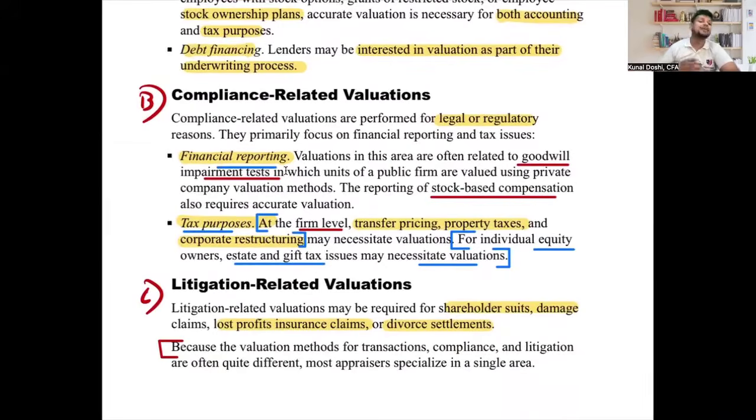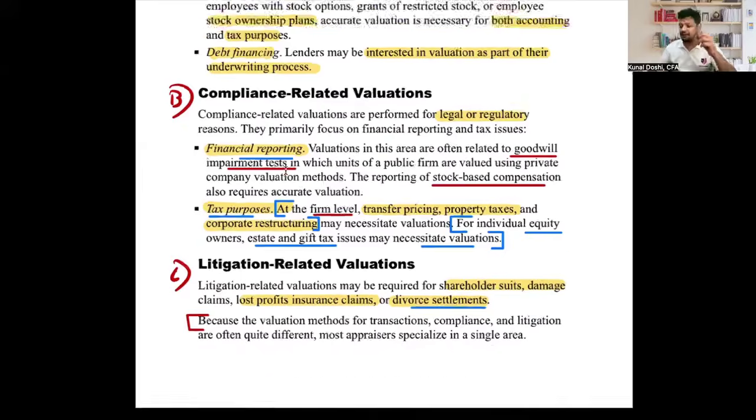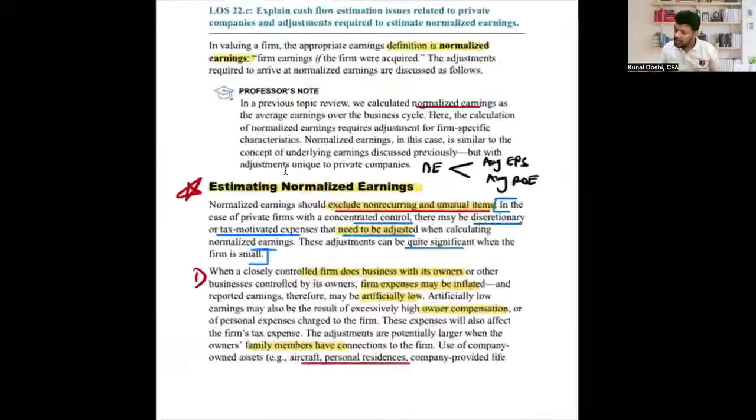For that we might require a compulsory valuation. These are compliance related valuations. Litigation is when there is a shareholder suit between the partners, or if the partners are husband and wife and there is a divorce settlement, in that case we will require the valuation. So these are the various reasons we require the valuation of private companies, right?